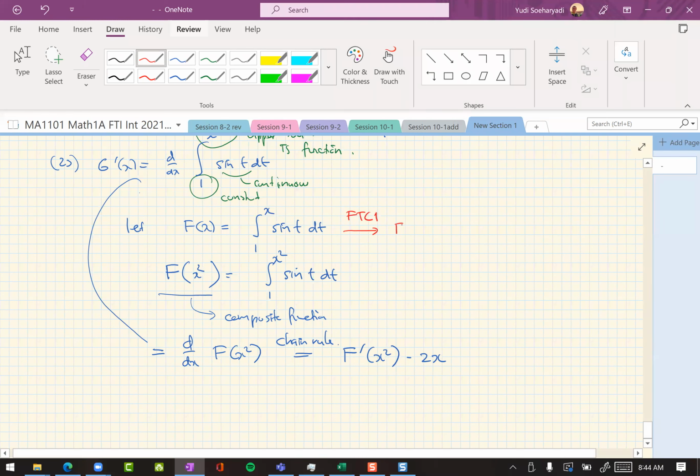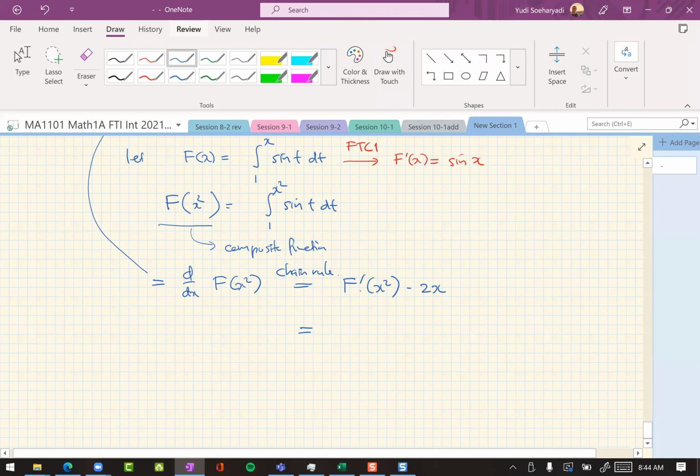FTC1, okay, F prime of x is just negative sine x. Okay. So now we can continue with F prime of x squared. So this is negative sine x.